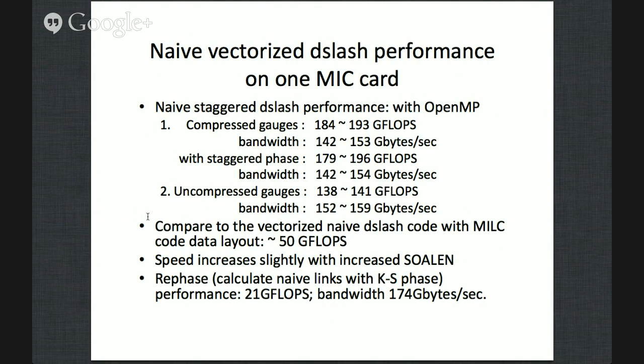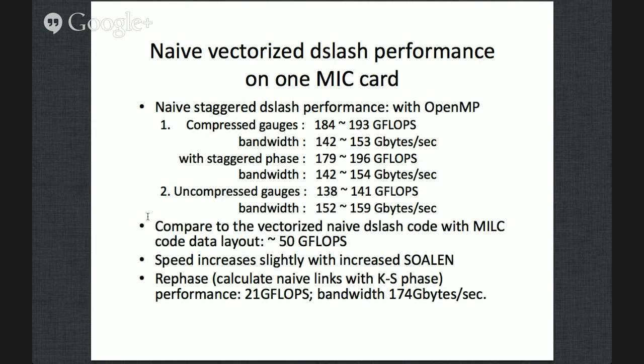When adding the staggered phase, we didn't see much performance difference. When we use the uncompressed gauge, that means we store all the 3 rows and 3 columns of the gauge field in memory, the performance went down to 140 gigaflops, and the bandwidth went up a little bit to around 150 to 160 gigabytes per second.